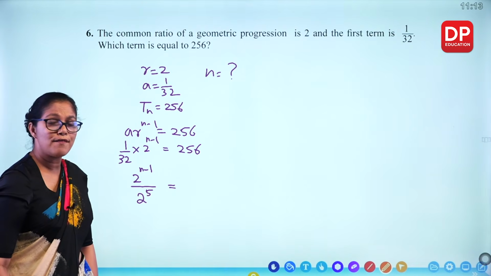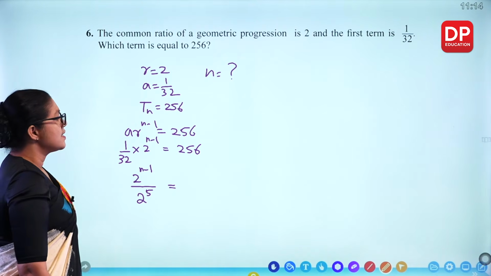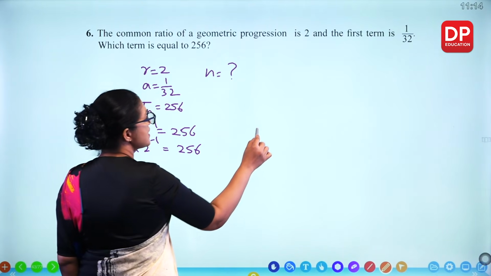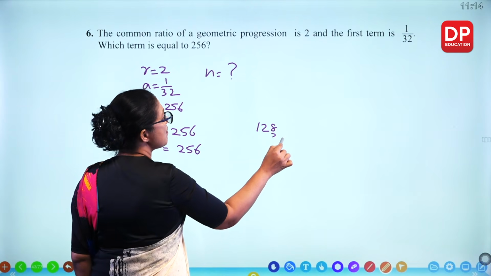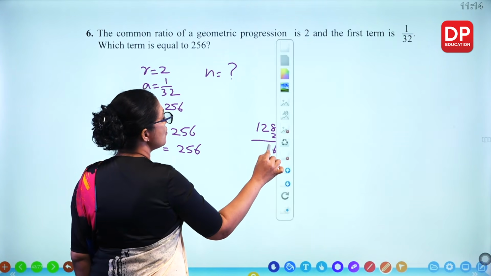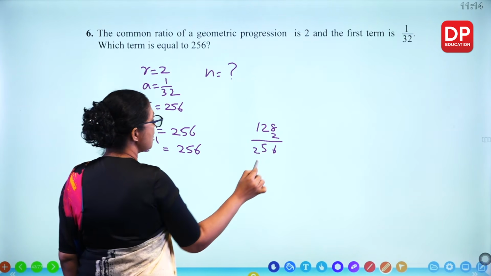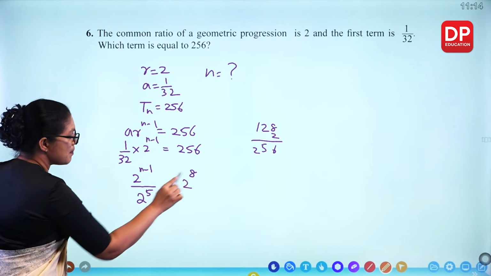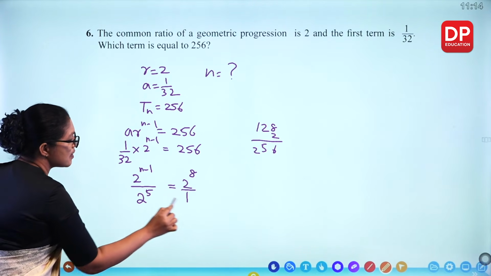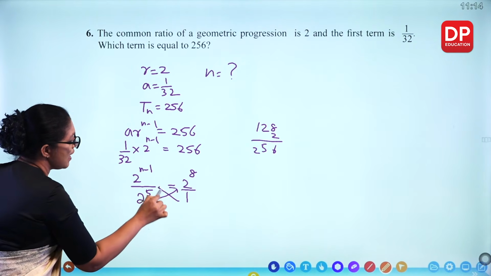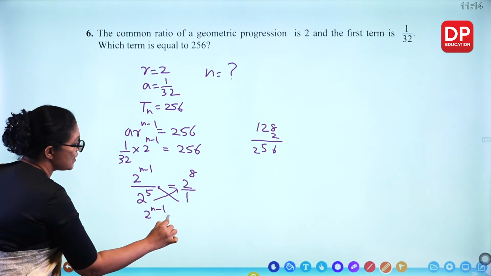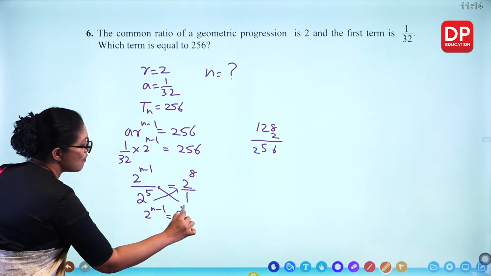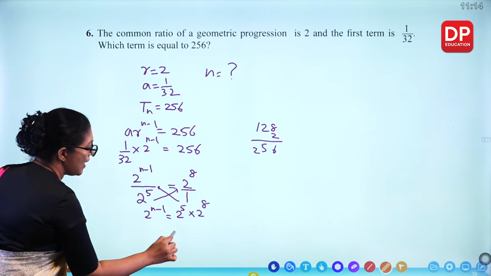What is 256? 2 to the power 8. 128 multiplied by 2, you get 256. So 2 to the power 8. Now when you multiply this, that means cross multiply, you get 2 to the power n minus 1 is 2 to the power 5 times 2 to the power 8.